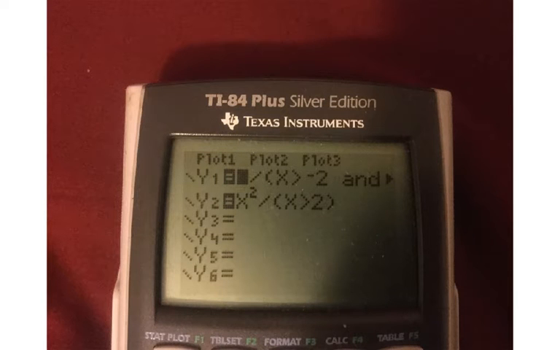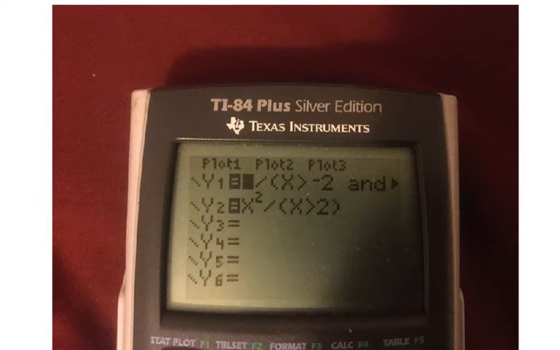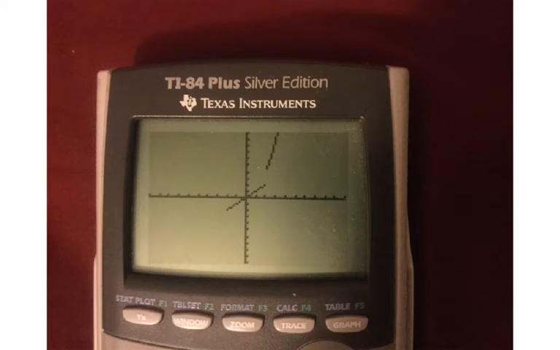And this is what my calculator screen looks like. The cursor stopped here, so there's actually an x right there. And then there's more stuff over here that you can't see. It's x less than or equal to 2. So now when you hit graph, you'll see this. Well, here is your linear function, y equals x, but it's only graphed from negative 2 to 2.